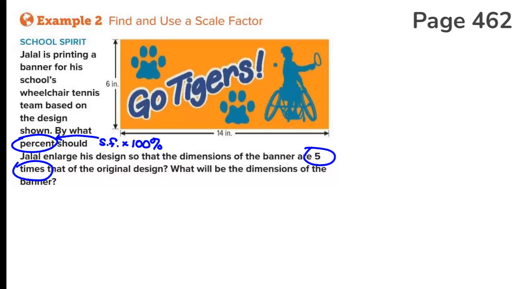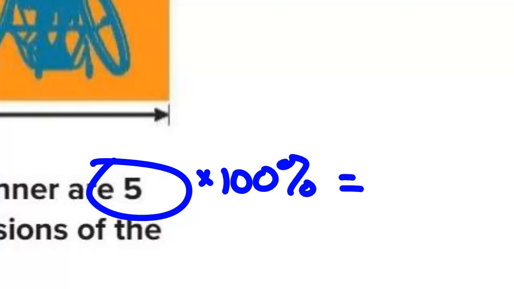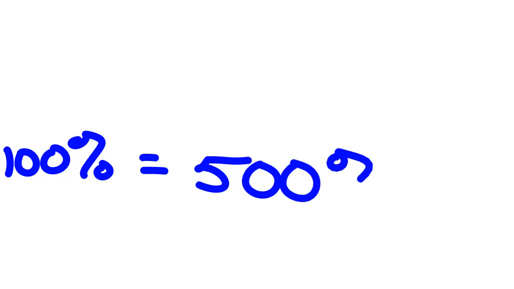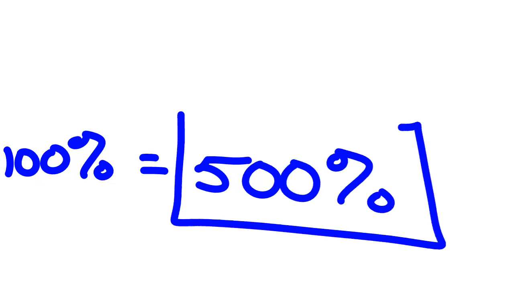So if I want it 5 times bigger, by what percent are we increasing this? 500%. I would do 5 times 100%. So we would want it 500% bigger.